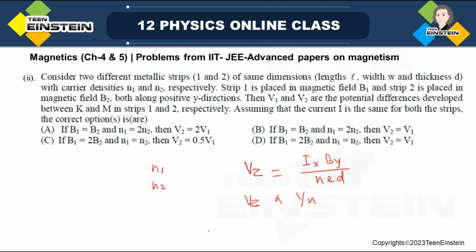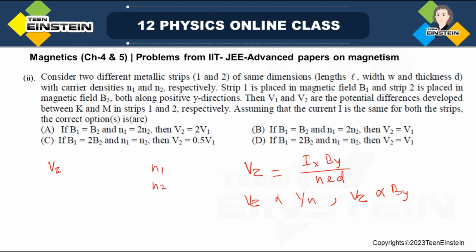And how it is related to magnetic field, you have to see. We have already seen that V_z is directly proportional to V_y. So there are two proportionality relationships we have already obtained. Now see option 1: B1 is equal to B2 because it is directly proportional, and N1 is equal to 2N2.